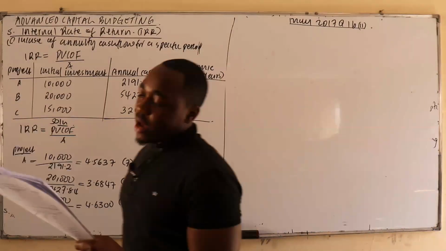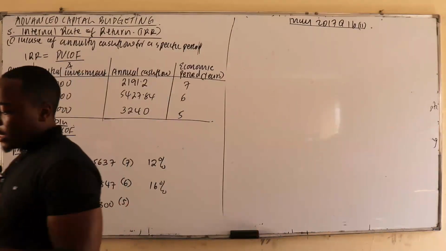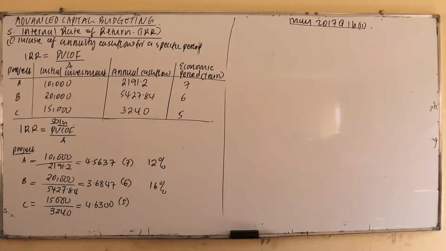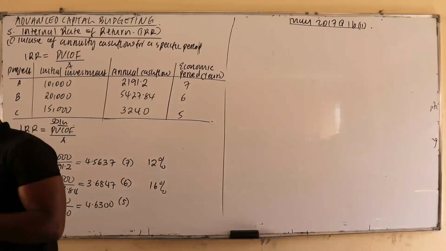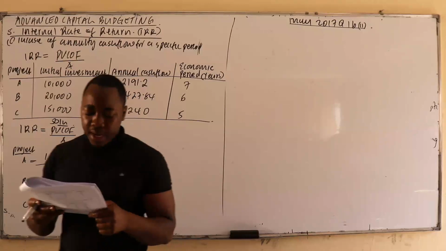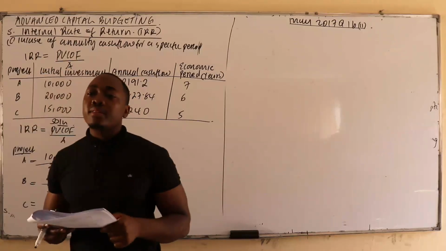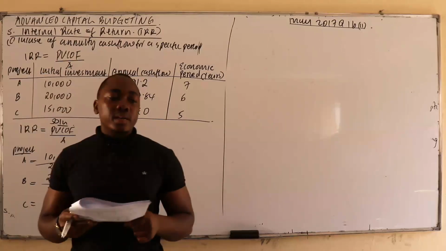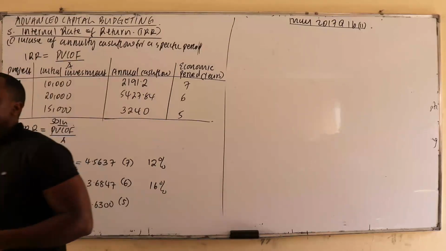Then we have the internal rate of return. For project A, the IRR is a question mark. B is 15%. C, question mark. D, 12%. E, 11%. Required number 3.